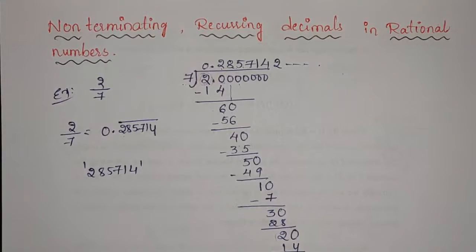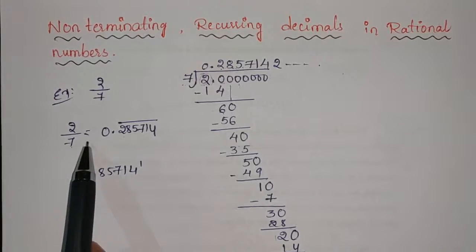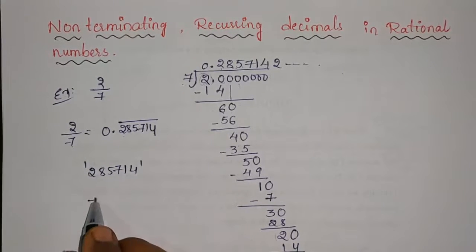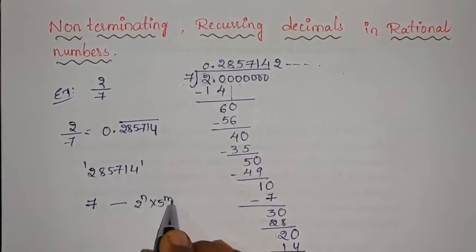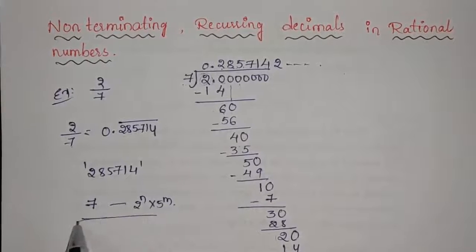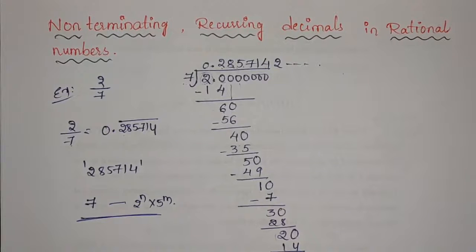And also, as we discussed in the previous one, when the denominator is in the form of 2 power n and 5 power m, then only that is a terminating decimal. When you take the denominator in this example, this is 7. 7 can't be written in the form of 2 power n into 5 power m, right? So it is a non-terminating and recurring decimal number. Okay, clear?